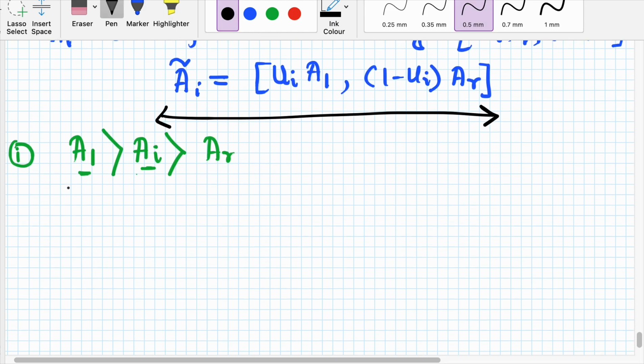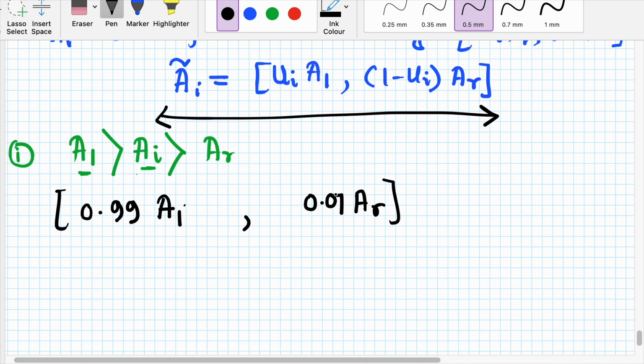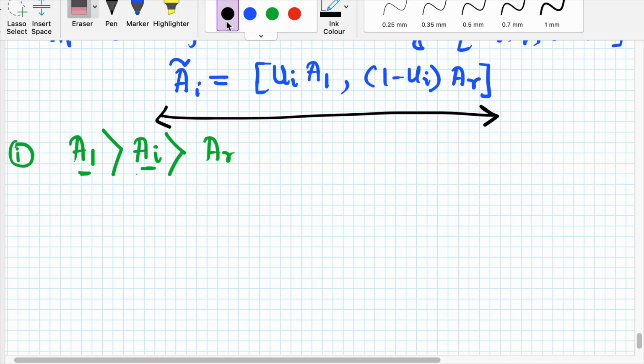Suppose I make a lottery with 0.99 probability of getting the prize A1 and 0.01 probability of getting the prize AR. Let me give an example with real money.